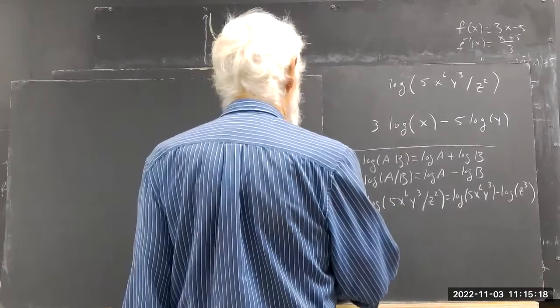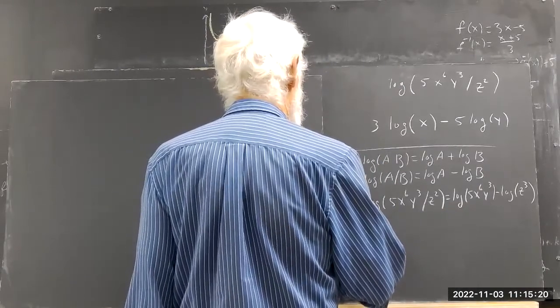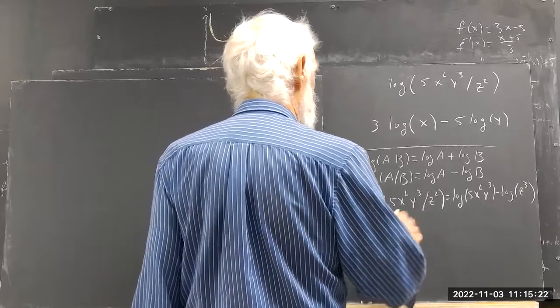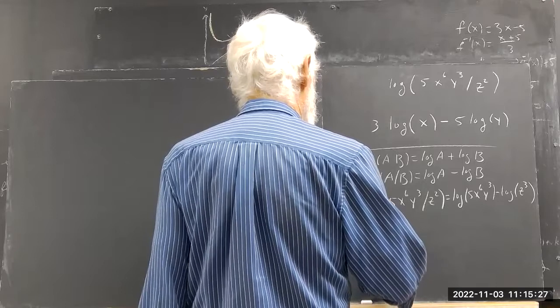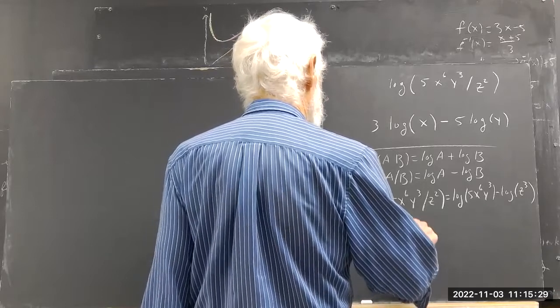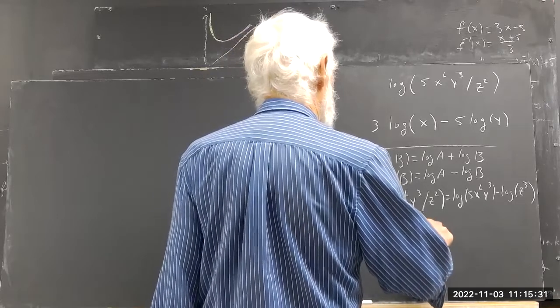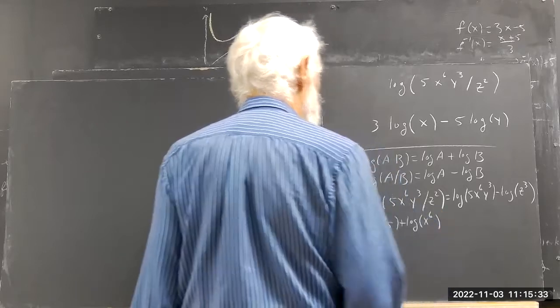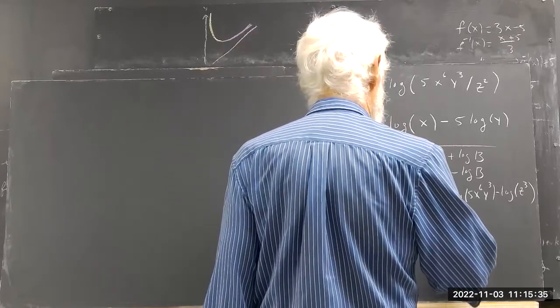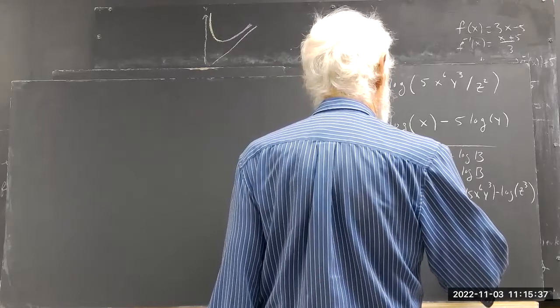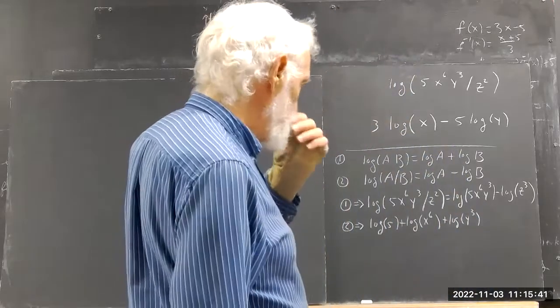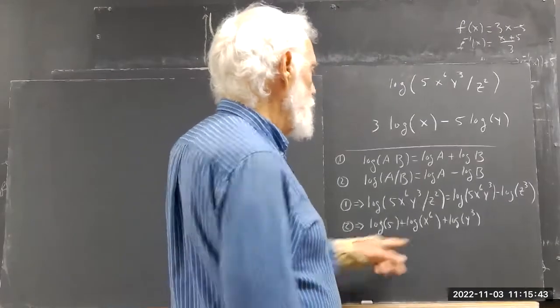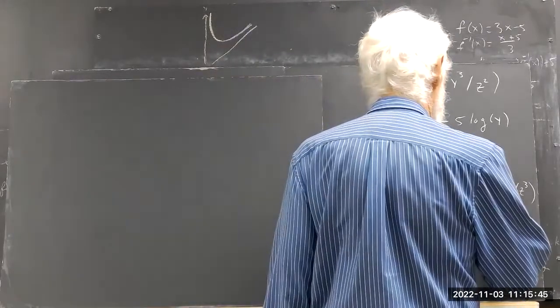Rule 2 applies that this log is going to be log of 5 plus the log of x to the 6 plus the log of y cubed. And then we still have minus the log of z.